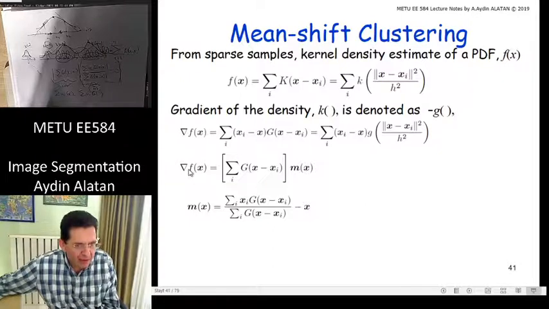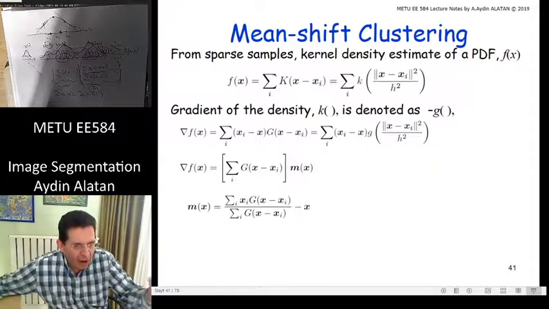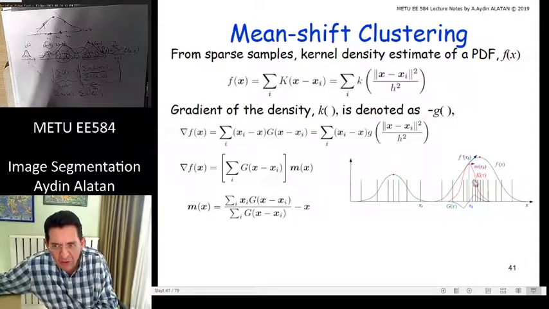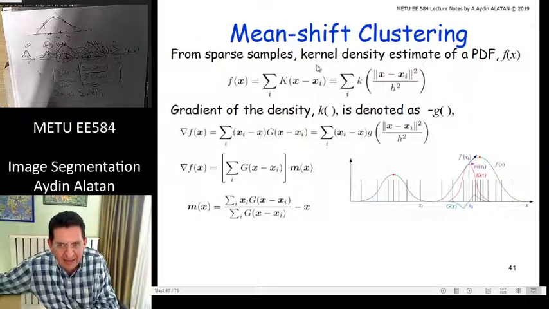Therefore, scalar times vector, what I'm saying is this. My gradient is obtained in terms of the m of x vector multiplied with a scalar. What is this m of x vector? M of x vector is the difference between the weighted sum of the data around x, of the samples, and the position of x. Now, if you look at this carefully, this is the x point that you are trying to reach. You are at this point, this is your k of x, this initial thing.